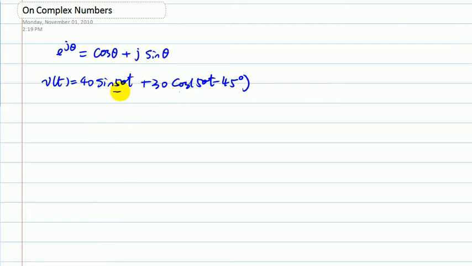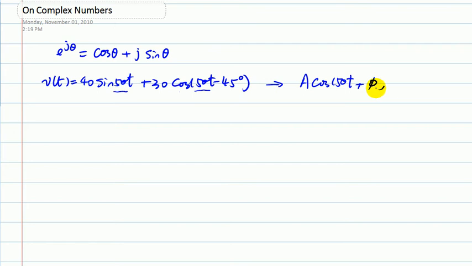The other thing is we have to make sure that these two functions have the same frequency. If the two frequencies are not the same, you won't be able to rewrite these two functions into one function. Because they have the same frequency, we'll be able to rewrite this into one sinusoidal function.